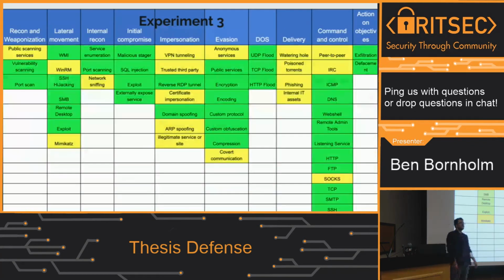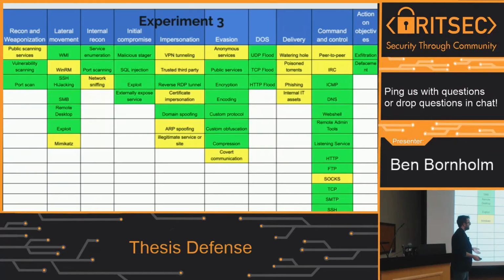And then for the CCDC PCAP dataset, everything in green was a technique that we were able to observe in the PCAP dataset, and everything in yellow was something that we weren't able to detect, or an absence of that actual activity happening. So specifically, maybe through my analysis, I couldn't actually find a technique being used, but it was used, but I'll never really know that. So that's why it was denoted as yellow, or they just didn't use it at all.